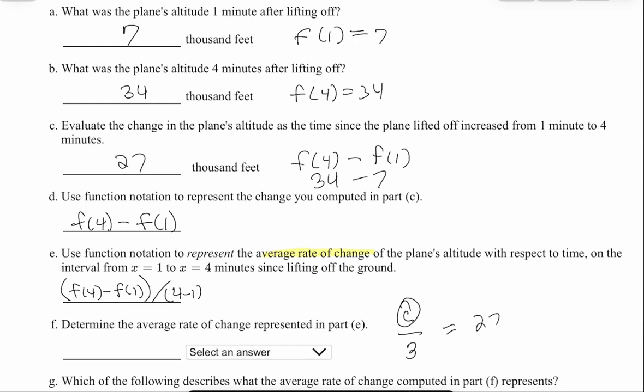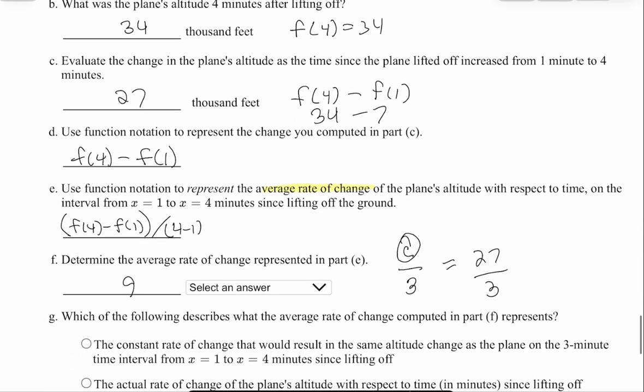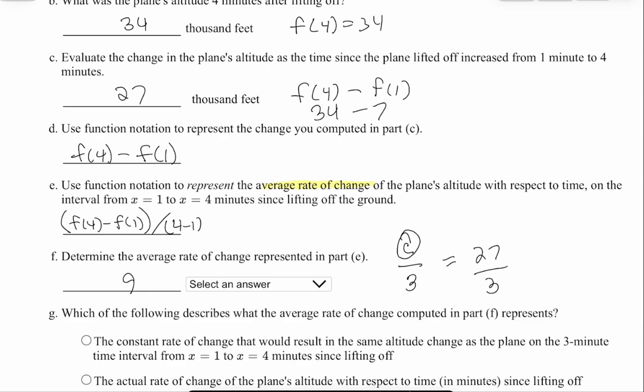The change in the altitude for me was 27. The change in the time for me is 3. So 27 divided by 3, I got an answer of 9. And that is thousands of feet per minute, because the change is in thousands over the minutes.